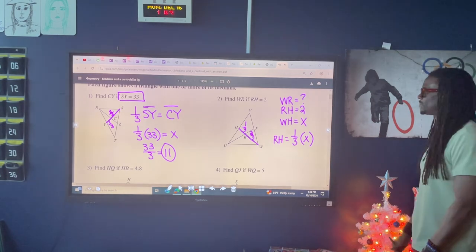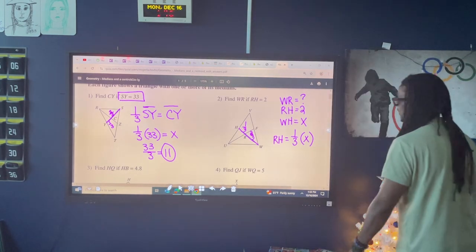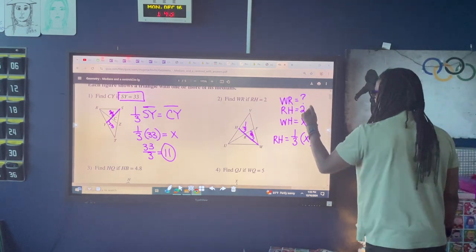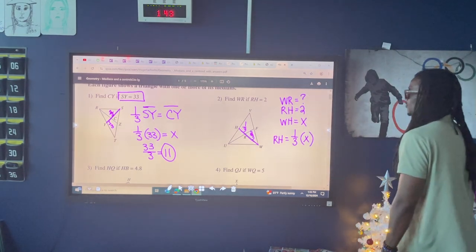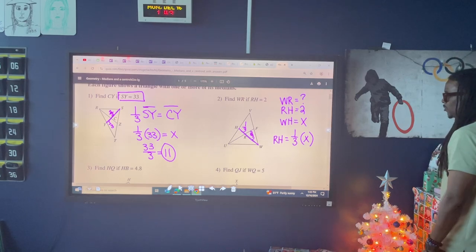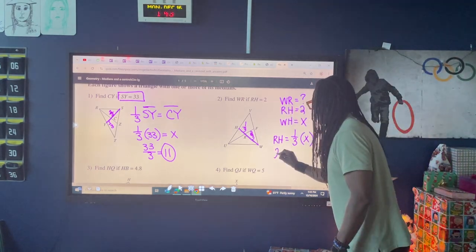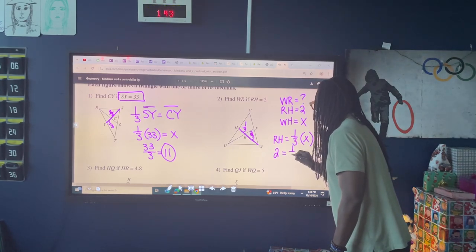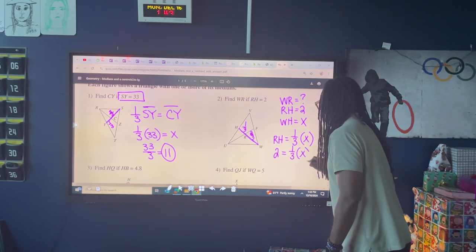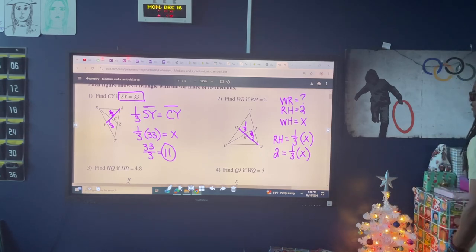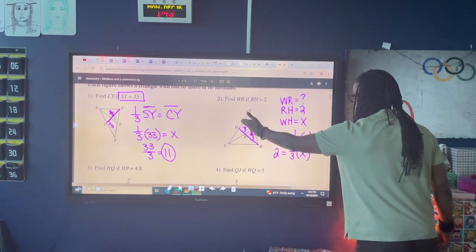We're going to find X, and then X is going to help us find WR. What's the value of RH? 2. So 2 equals 1/3 of this entire line segment, which is WH.